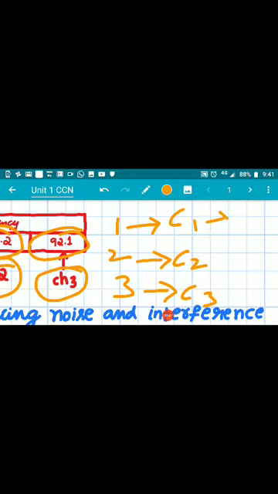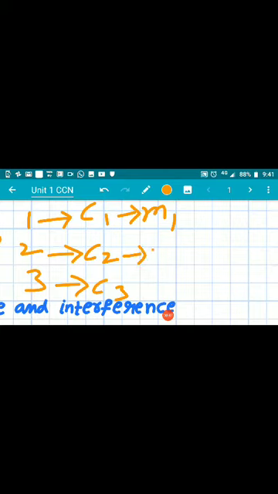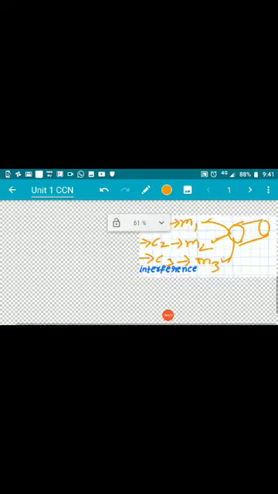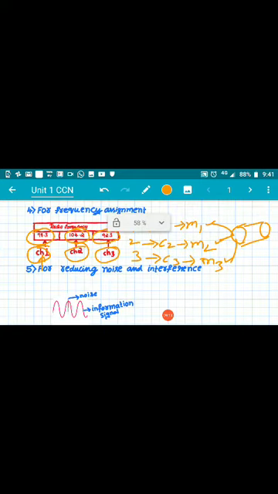After this modulation, we get modulated signal 1, modulated signal 2 and modulated signal 3. These modulated signals will not interfere when they are added and transmitted through a single communication channel.